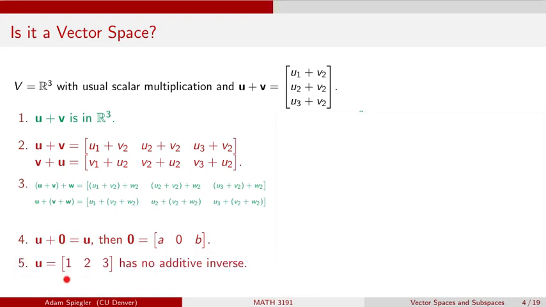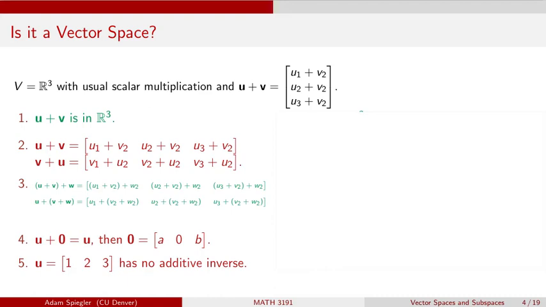And then looking at the additive inverse, not every vector U in this space has an additive inverse. So for example, if I had a vector u, which consisted of first entry 1, second entry 2, third entry 3, there's no way that I could add some vector v to this using this definition of addition and get the 0 vector back.